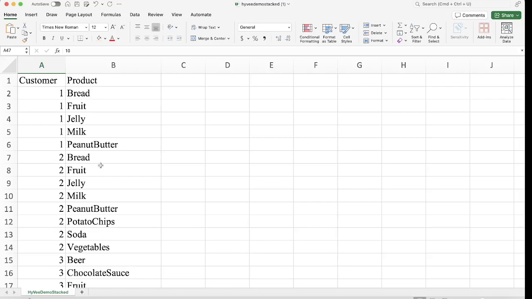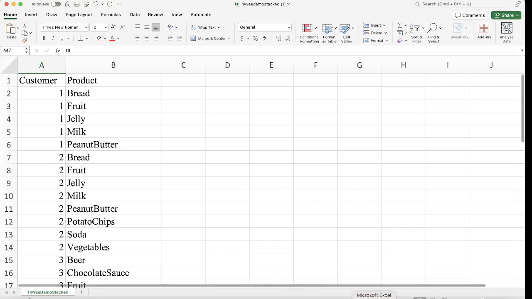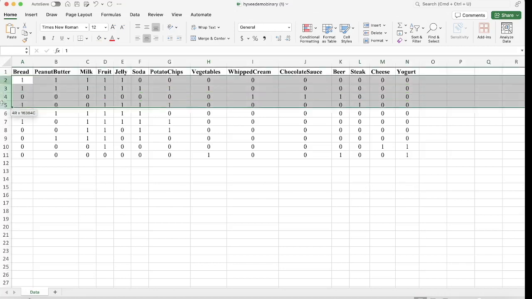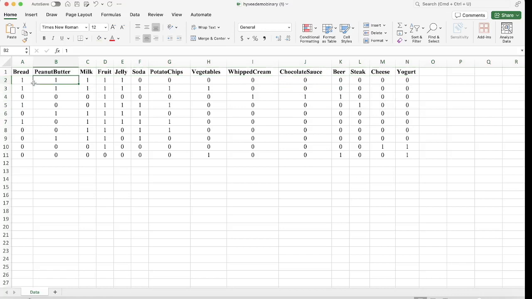So I'm going to switch over to the Hy-Vee binary file. So this is Hy-Vee demo binary, and this is the same information, but now each of the rows represents an order, and along the top we've listed out all of the things that were purchased at least once.